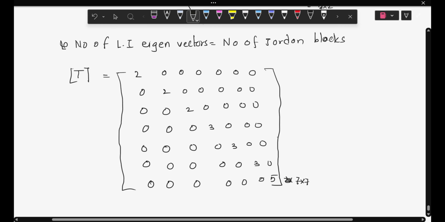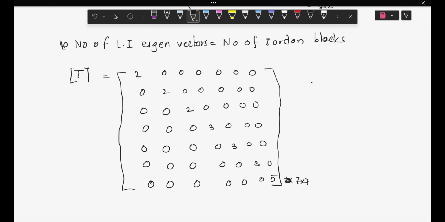Now, if I calculate the characteristic polynomial of t, ch t of x, that would be (x minus 2) to the power 3, (x minus 3) to the power 3, and (x minus 5). If I calculate the minimal polynomial of t, since this is a diagonal matrix, this has to be diagonalizable. And in a diagonalizable matrix, the minimal polynomial has distinct linear factors.